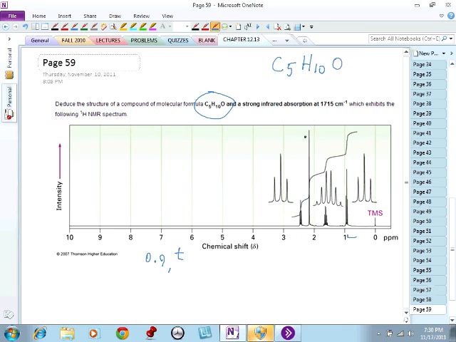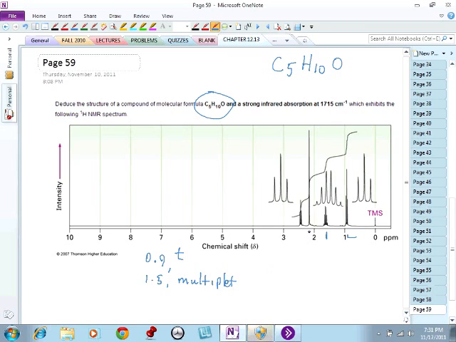This one here, that's about 1.5, okay? Multiplicity, let's call that a multiplet. It's too many to be worrying about at this point, but we could count it: 1, 2, 3, 4, 5, 6. Okay, anything more than 4, sometimes we refer to as a multiplet.